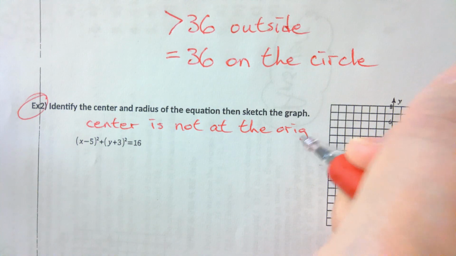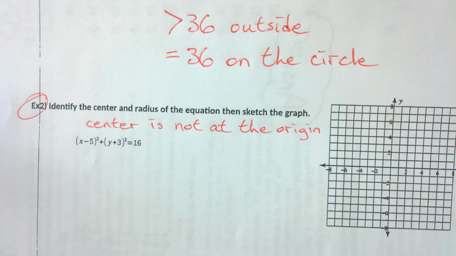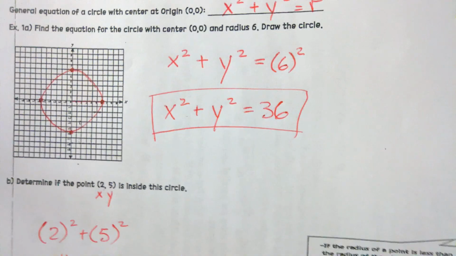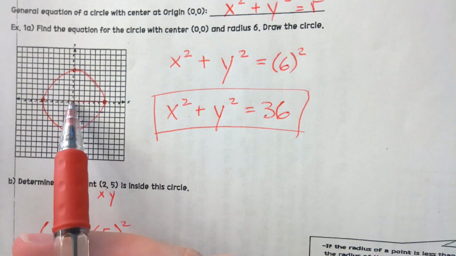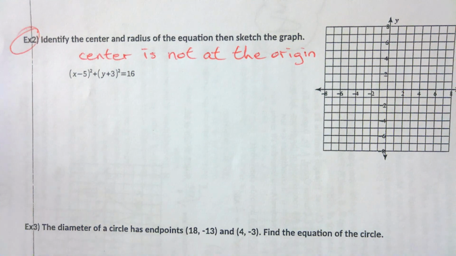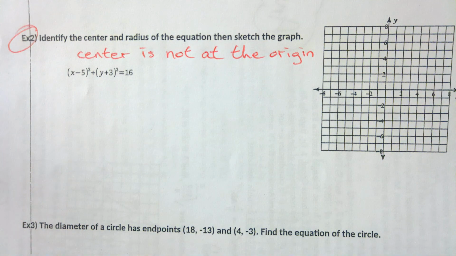So when it's not at 0, 0. The grade 10 curriculum only does circles centered at 0, 0. So this is just an extension. You will need to know this for grade 11.